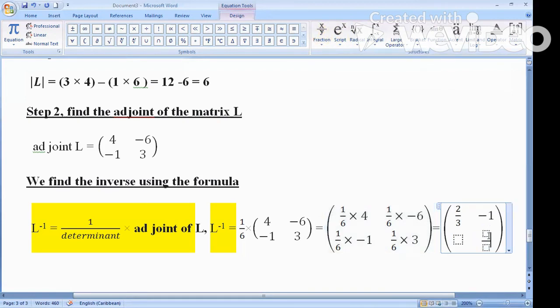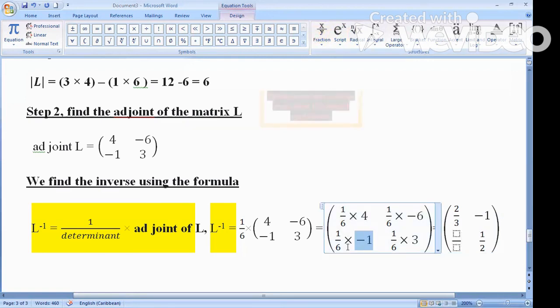Go again, sir. Hold on. I'm working out this one on the right. Now this one here, it's just 1 and this is just 6.